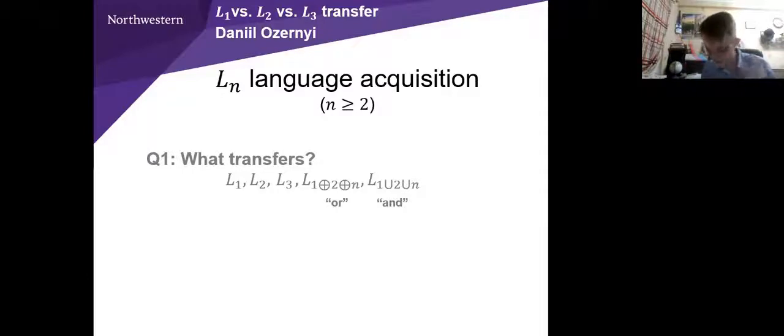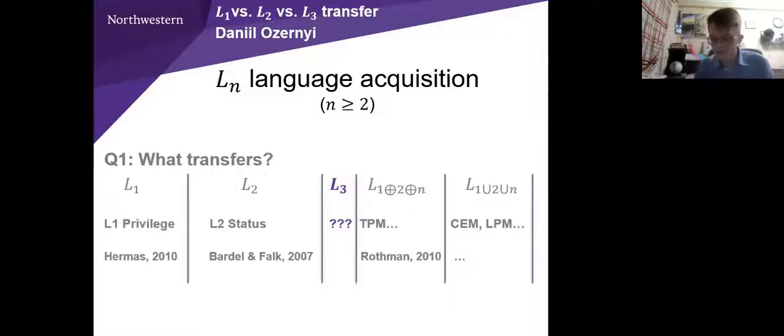And lastly, that it is, after all, the previous languages which influence the subsequent language acquisition. There exist respective models, L1 privileged and L2 status. However, given the lack or even absence of relevant research for L4, no theory of L3 being the privileged language emerged.